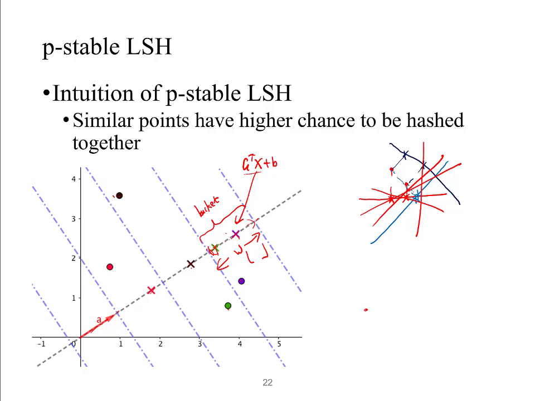But if we consider 2 points that are far away from each other, and we consider different projections, then in most cases, their projections would be far away from each other.